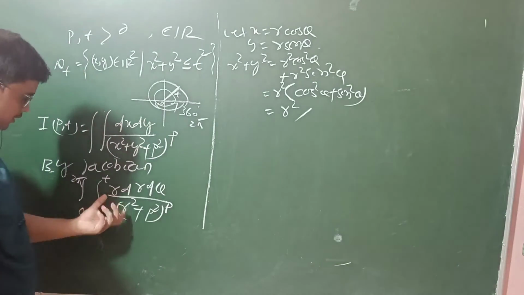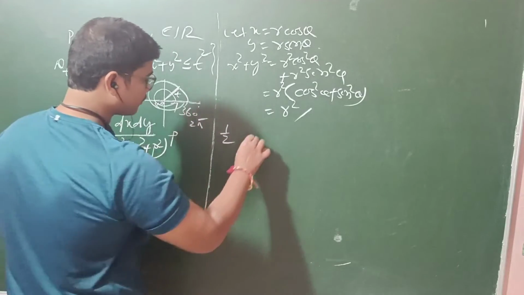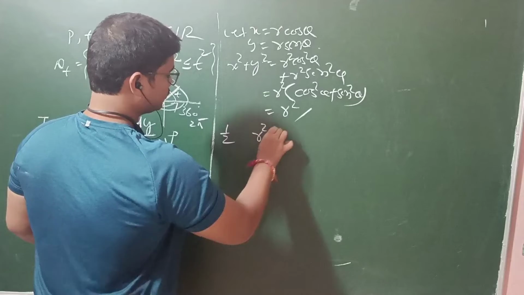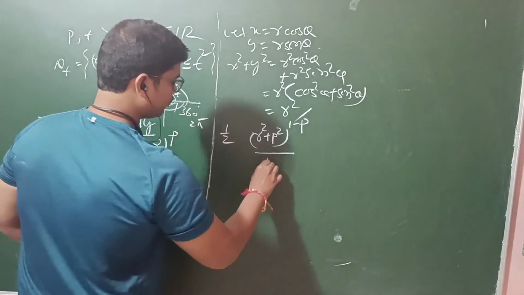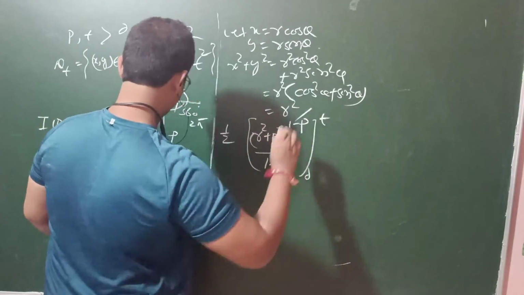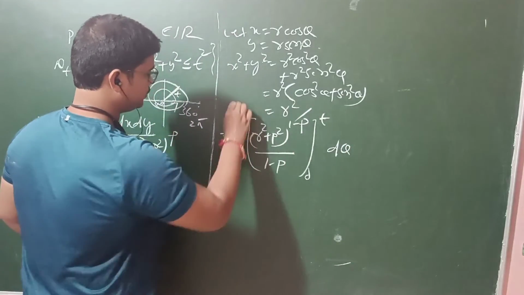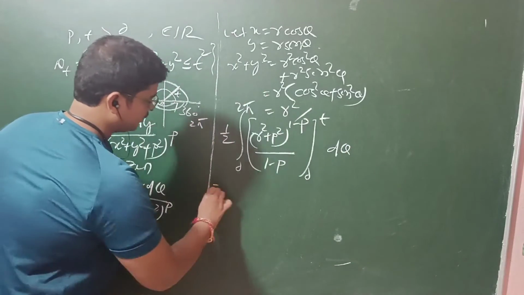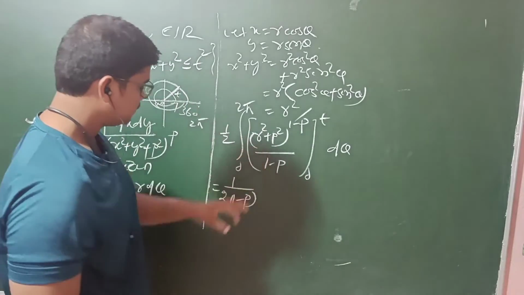Now this is 1 by 2, r square plus p square to the power 1 minus p divided by 1 minus p, from 0 to t, d theta from 0 to 2 pi, equal to 1 by 2 into 1 minus p.